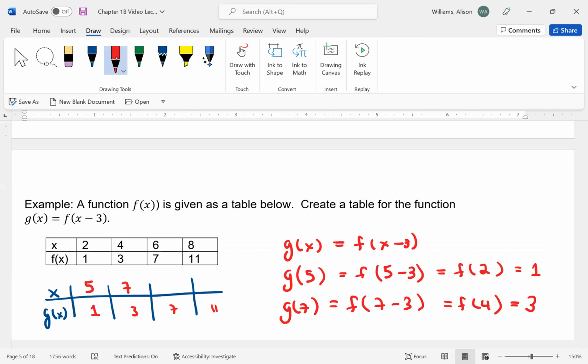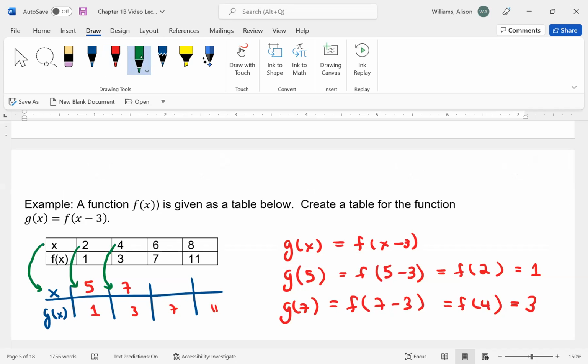Okay, now I want to pause and come back to the table, and here's what I want to notice. The x values from here to here, so from 2 to 5, that's a difference of 3. In other words, I added 3. Same with the 4. I added 3.